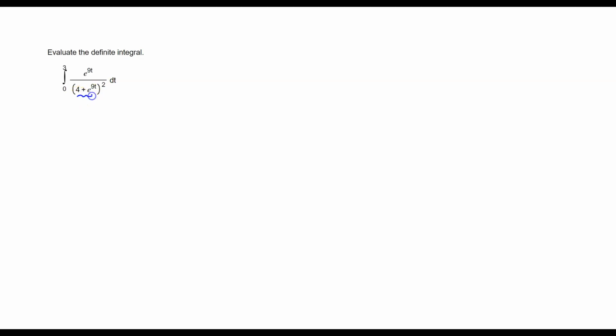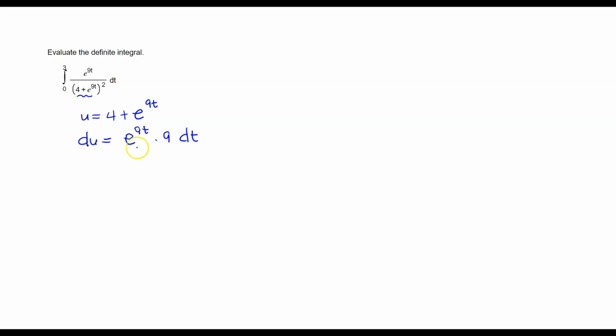So that will just complicate the expression if you're going to make that your u. So then you try a different approach. Maybe just let this be your u. So u is just 4 plus 9e to the 9t. This is a good choice because you have e to the 9t in the numerator. Because you know that if you differentiate u, the derivative of 4 is 0, and the derivative of e to the 9t is just e to the 9t times the derivative of 9t, which is 9 dt.